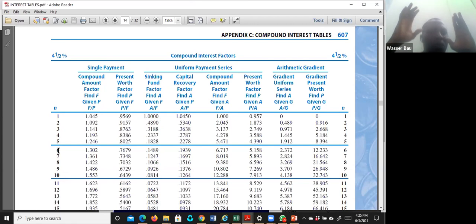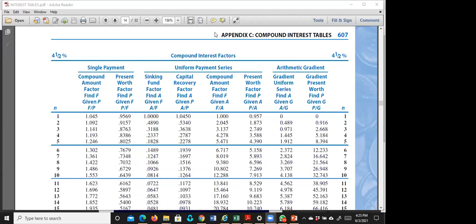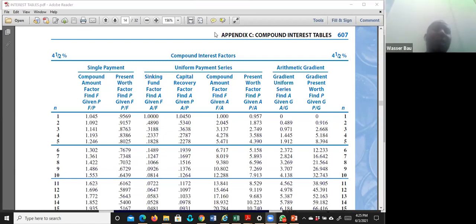But fortunately, most energy investments, or most investments, are annuitized. In other words, they are evaluated on a yearly basis. So in that case, your N is also your number of years. Is that understood?